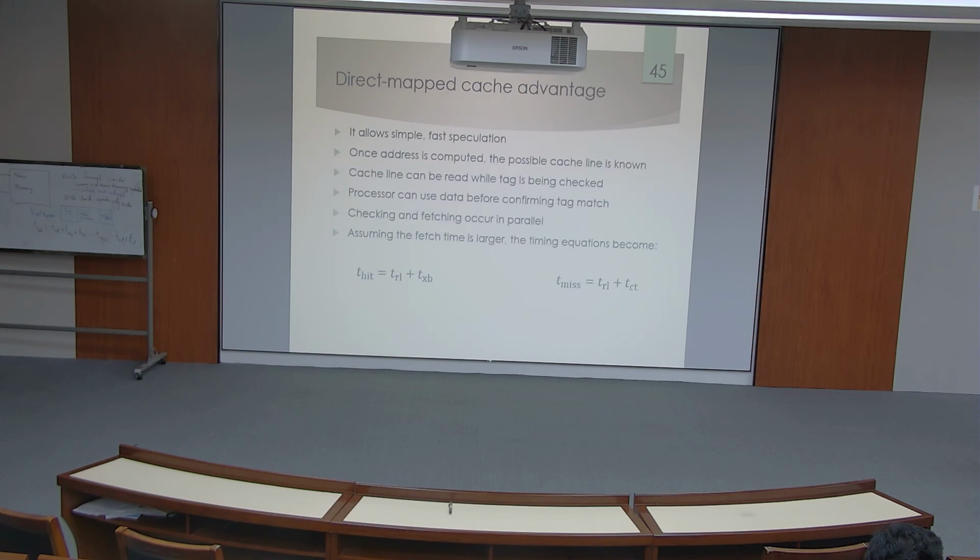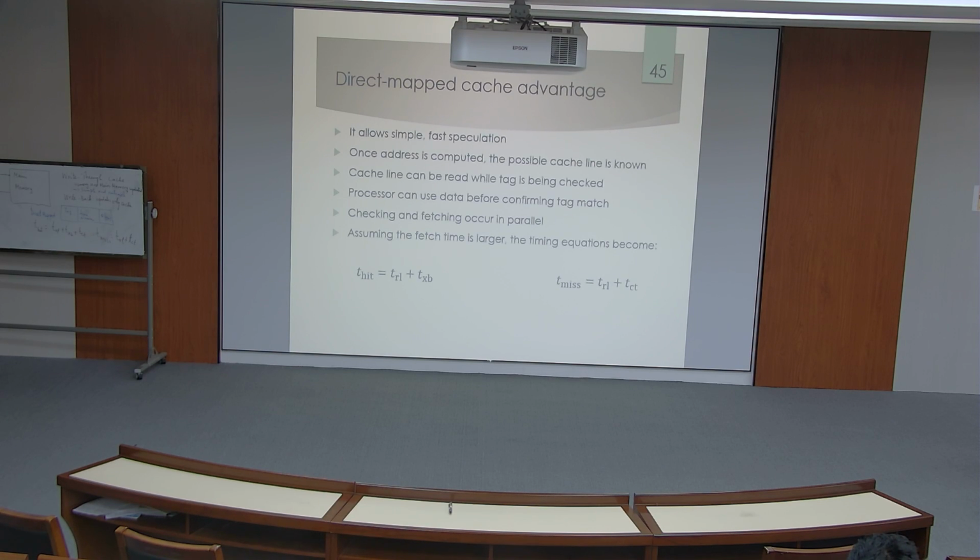Now, the direct mapped cache has more advantages, because it is simple and it has faster speculation. Once the address is computed, the cache line is known, and the cache line can be read while the tag is being checked.